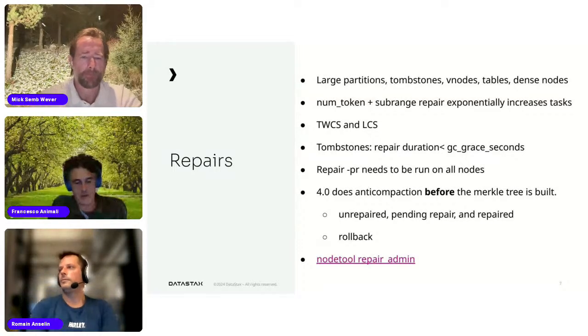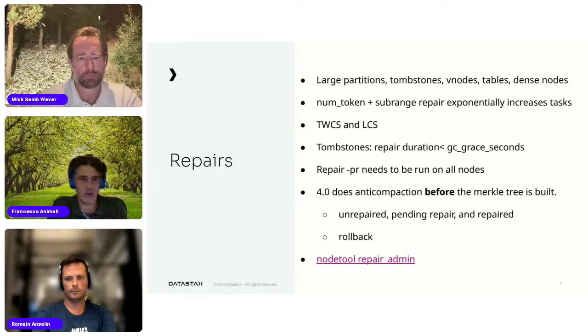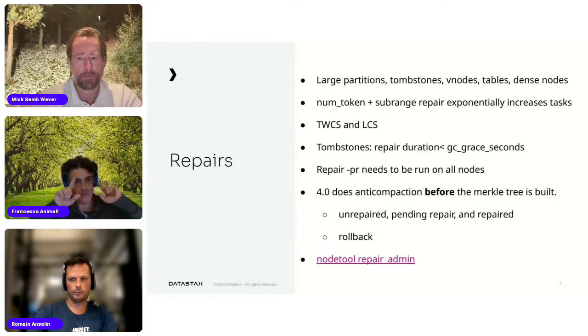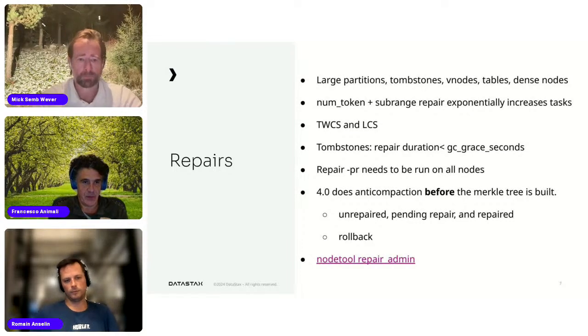So Cassandra 4 brings back incremental repair. It's the default, and it has completely changed with respect to version 3. So it's probably the best way to do repair now. And also, just to finish, each repair task is wrapped into a Paxos transaction.